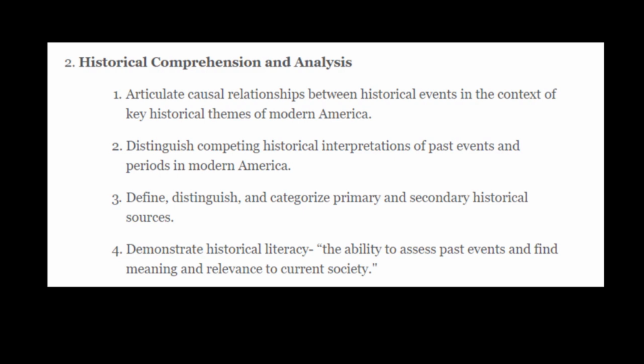So not only do we need to be able to identify key themes in America's 20th century history, we need to be able to understand the causal factors that shape those events and also relate to the legacy of those events and how they relate to our current lives.